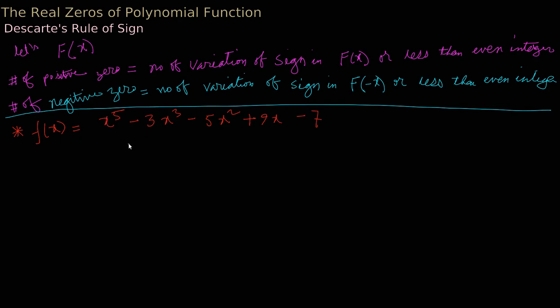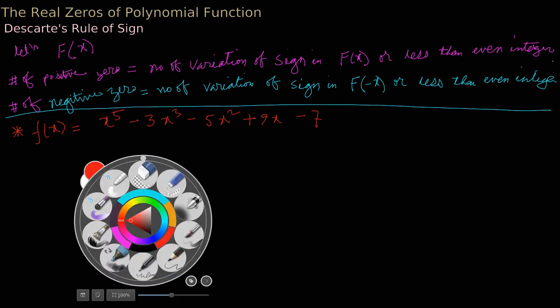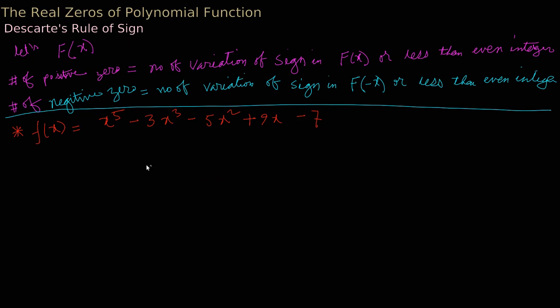We need to find the sign variations in f(x). This term is positive and the next term is negative, so that is one variation. Negative to negative is not a variation.